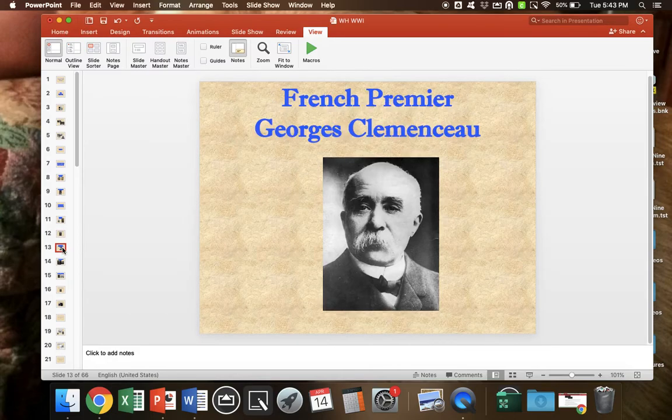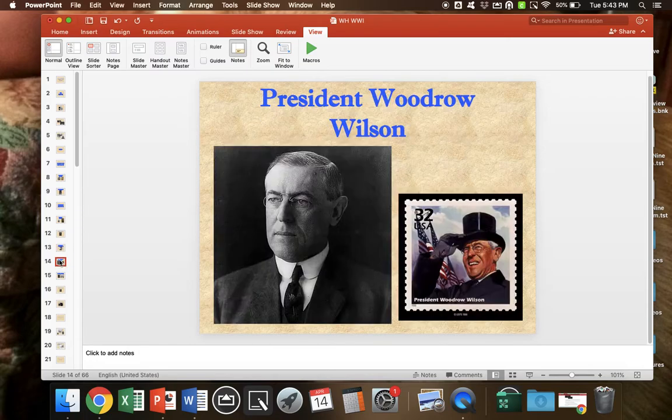And then we also have the French Premier, who is Georges Clemenceau, and he's going to play a huge role when we get to the end of World War I and the writing of the Treaty of Versailles, and this idea of getting revenge against Germany, which will lead to great retribution against Germany, which eventually is going to lead us right back to World War II.